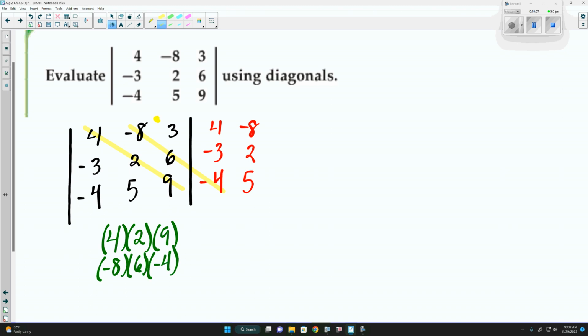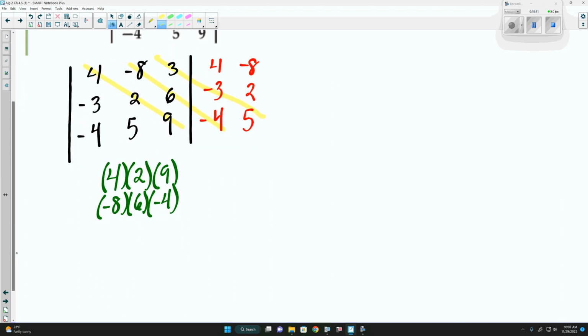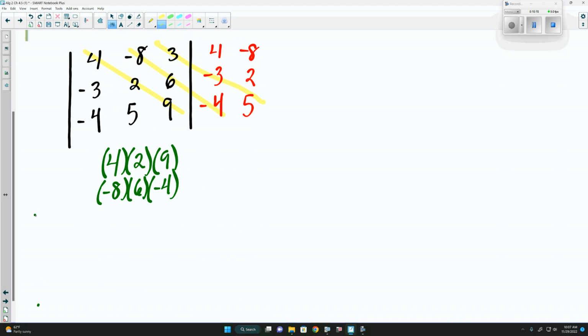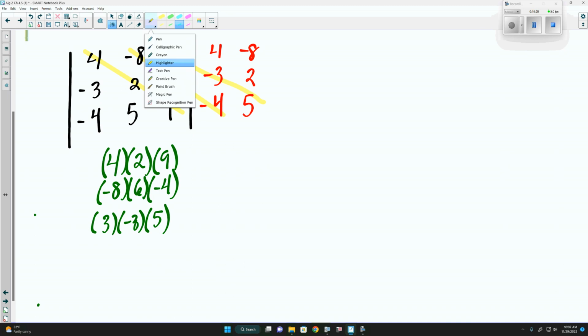And our last diagonal is this here, which is our 3, negative 3 and 5. Questions on this so far?